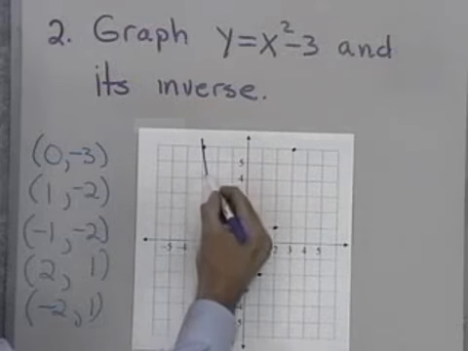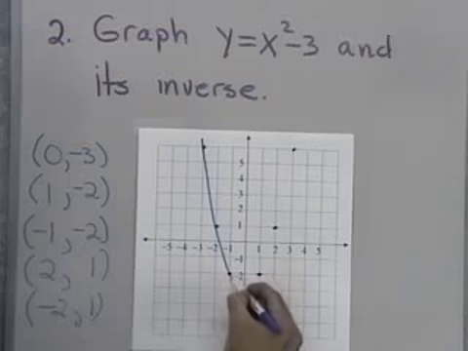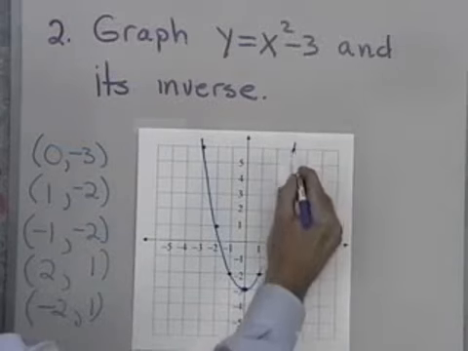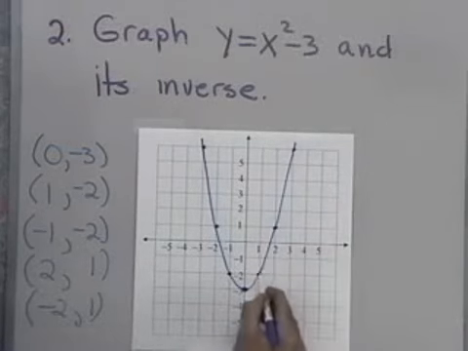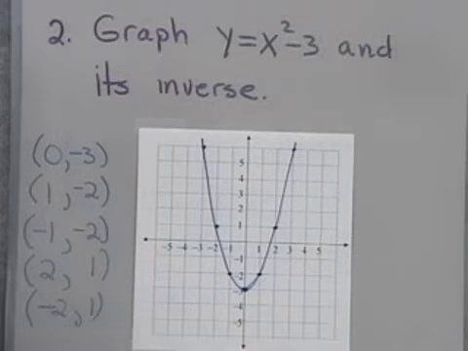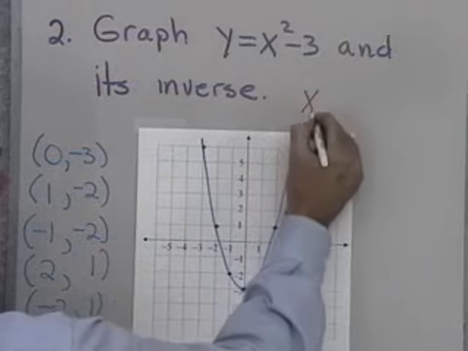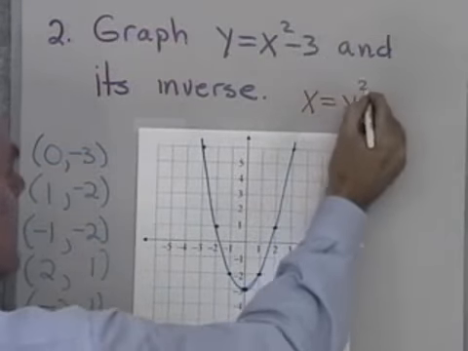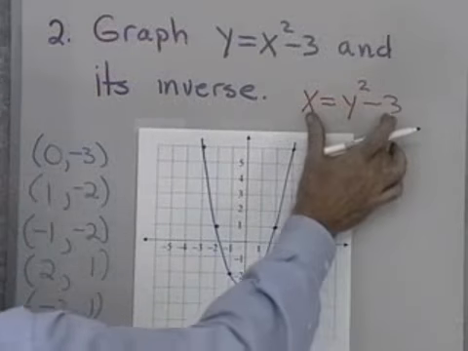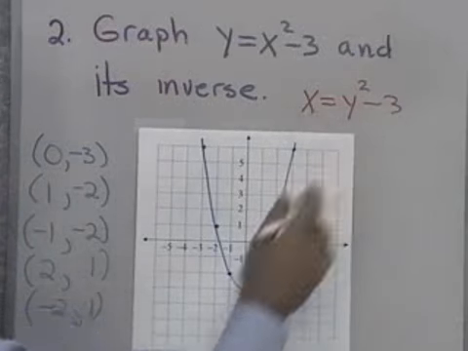Okay, so here's the graph of y equals x squared minus 3. Now, the graph of its inverse is going to be x equals y squared minus 3. Now, I can graph that just by itself if I want, but I don't have to.